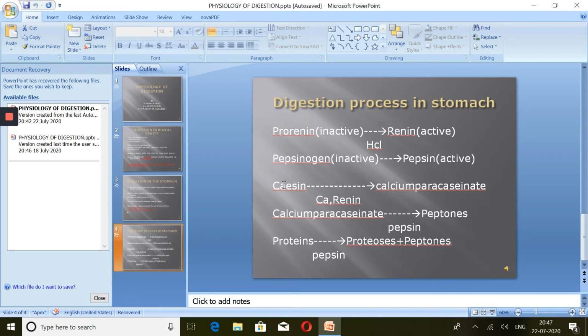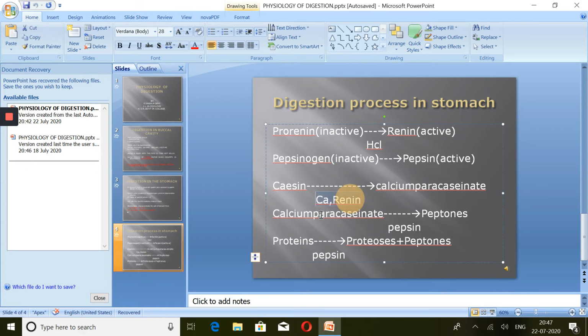Casein is the protein which is present in milk. Infants and children take milk, so the protein in milk, casein, has to be digested. Children contain renin in good amounts when compared to adults. In children, renin is very active and is secreted in larger quantities.